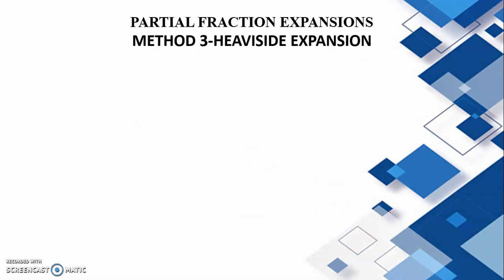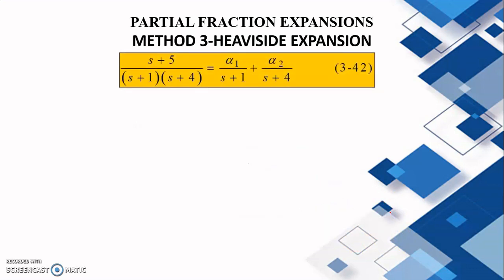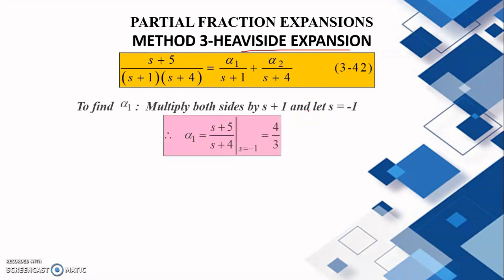Let's look at the third method. The third method is called Heaviside expansion. I think the easiest way is by using Heaviside expansion. For this kind of method, first you need to find alpha 1: multiply both sides by s plus 1 and let s equal to -1.